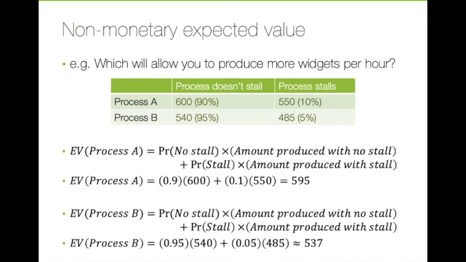And we have to add that to the fact that it makes just 550 widgets per hour 10% of the time. That gives us an expected value of 595 widgets per hour. Process B makes 540 widgets 95% of the time, and 495 widgets in that 5% of the time that it stalls. That gives us an expected value of 538 widgets per hour.